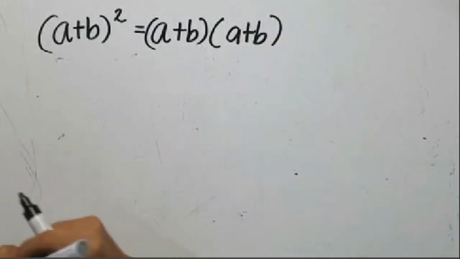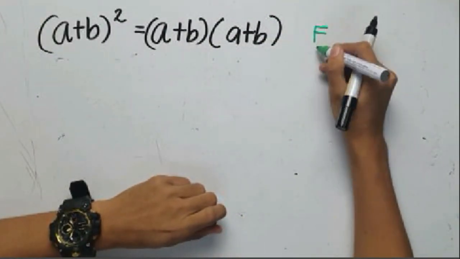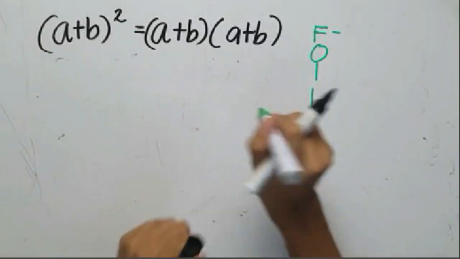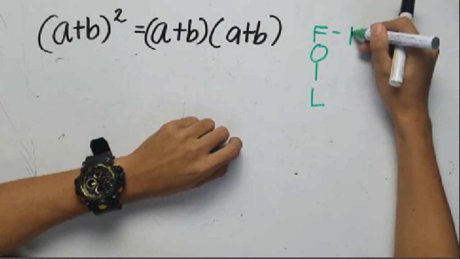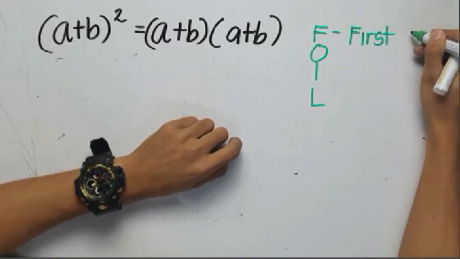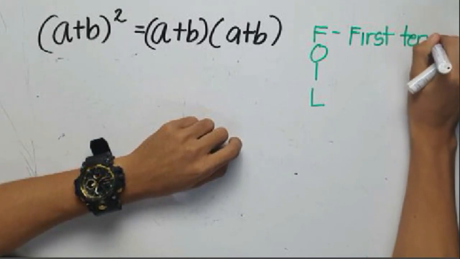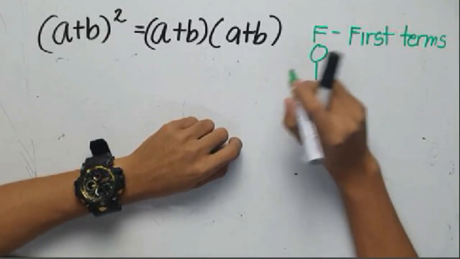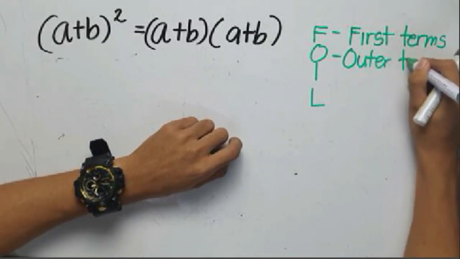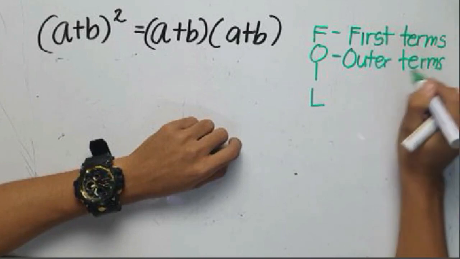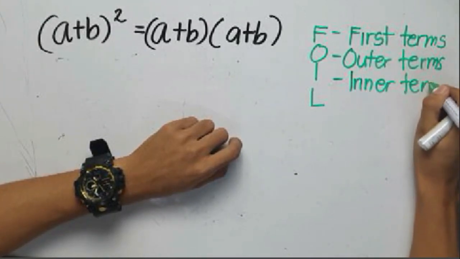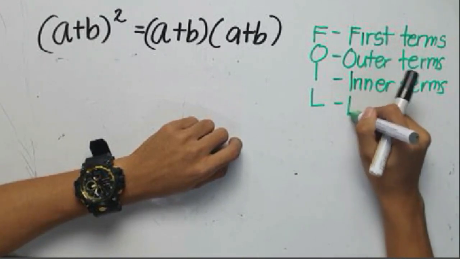Kapag sinabi natin FOIL method, ibig sabihin ng F ay first term, okay, first terms, tapos ibig sabihin ng O, outer terms, ibig sabihin ng I, inner terms, ibig sabihin ng L, last terms.